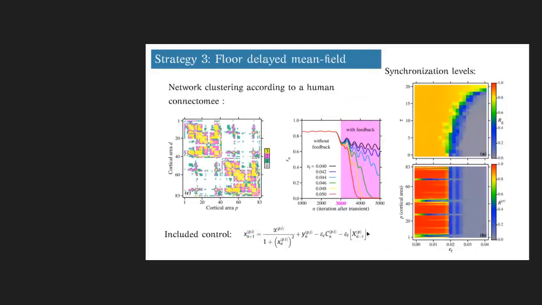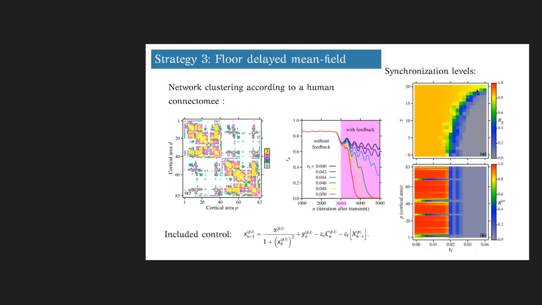In this case, we need to act on all neurons of the network, but the strength of the perturbation is lower than in the previous case. We can obtain satisfactory suppression of the synchronization with the strength of epsilon feedback equal to 0.05.